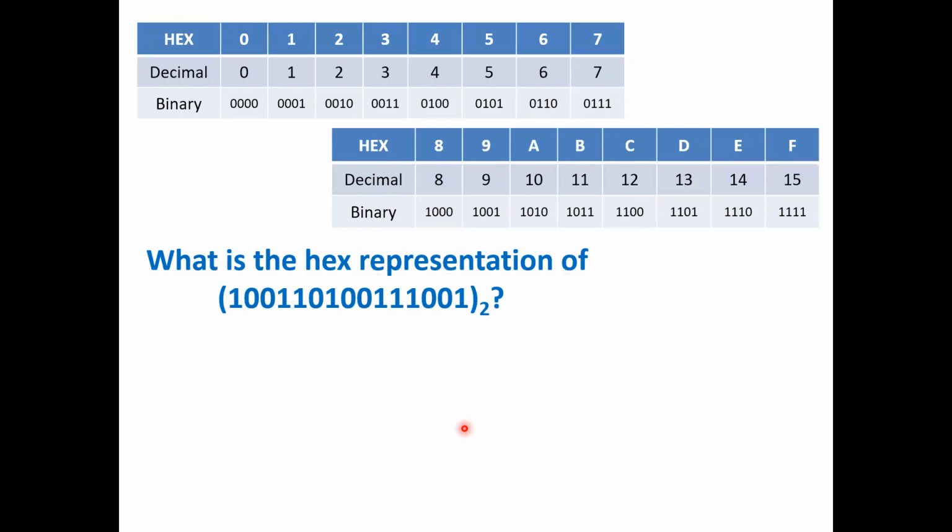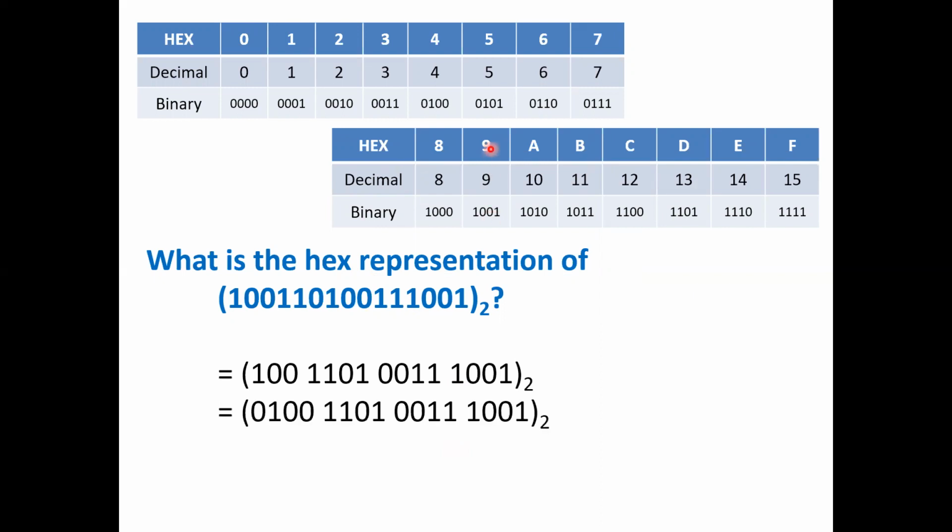And then whenever you have a binary string and you want to represent it in hex, group 4-bit segments. For convenience, just write them with little spaces so that you don't get confused. And now just look up these strings in this table. So 1001 is here, it's a 9 in hex.